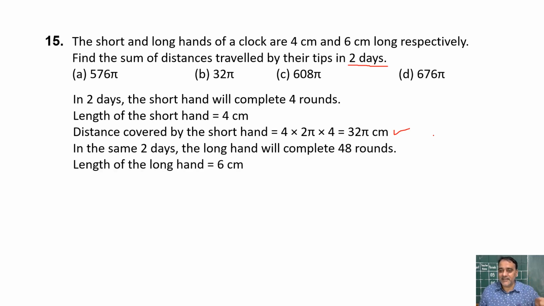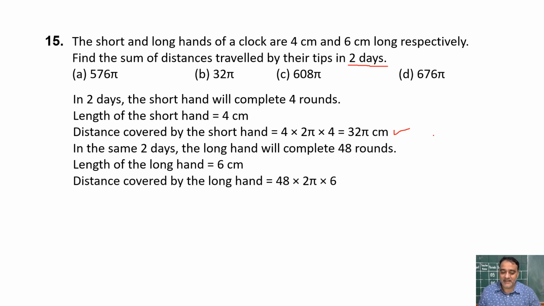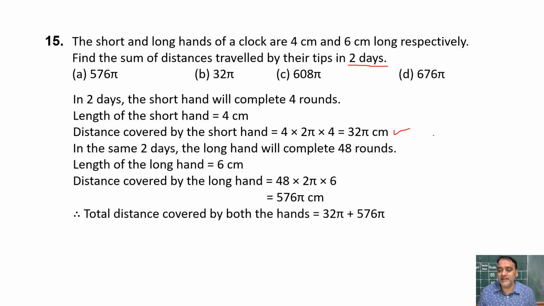So 48 into 2 pi into 6, and that is equals to 576 pi. Now the total distance means we have to add these two. ठीक है? 32 pi plus 576 pi, and we'll get 608 pi.